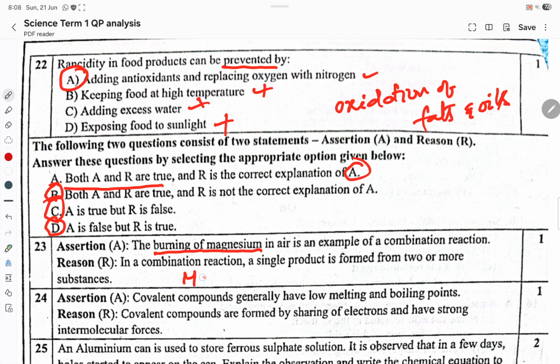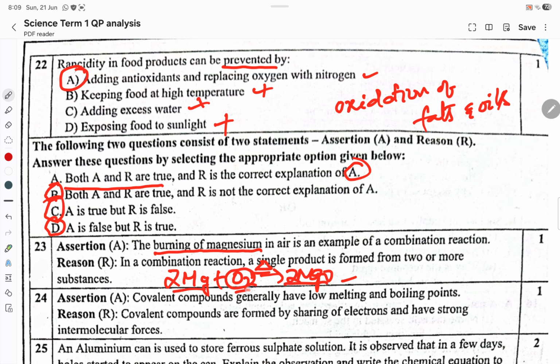When magnesium reacts with oxygen in the presence of heat, it forms magnesium oxide, a metal oxide.